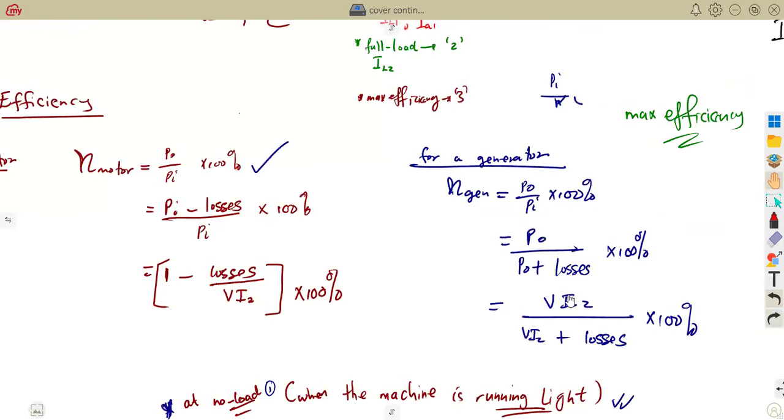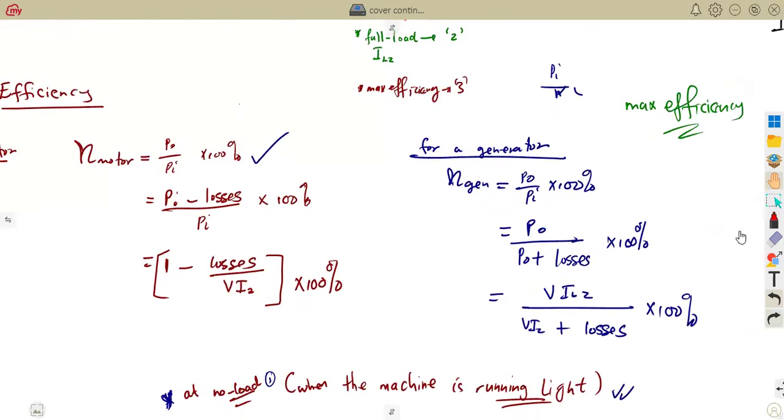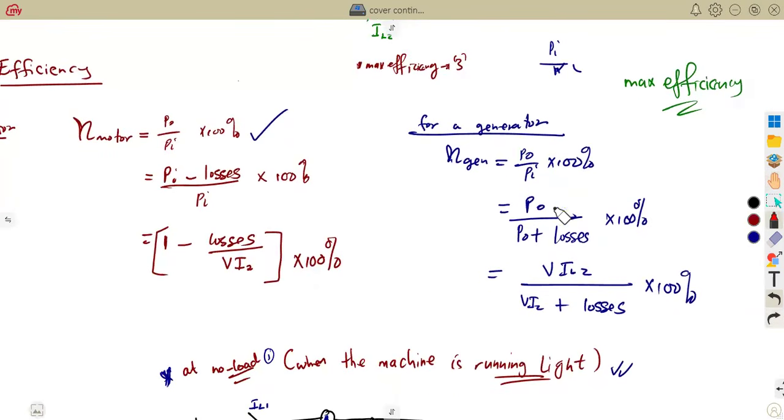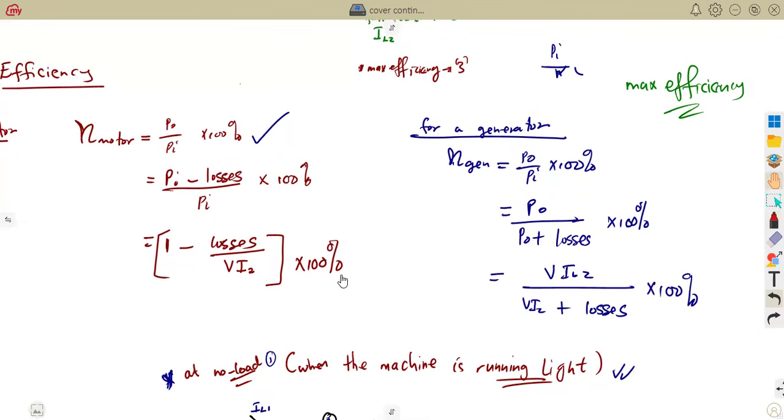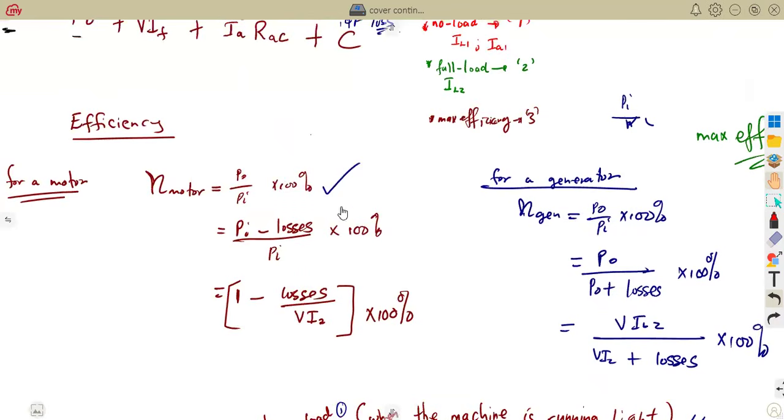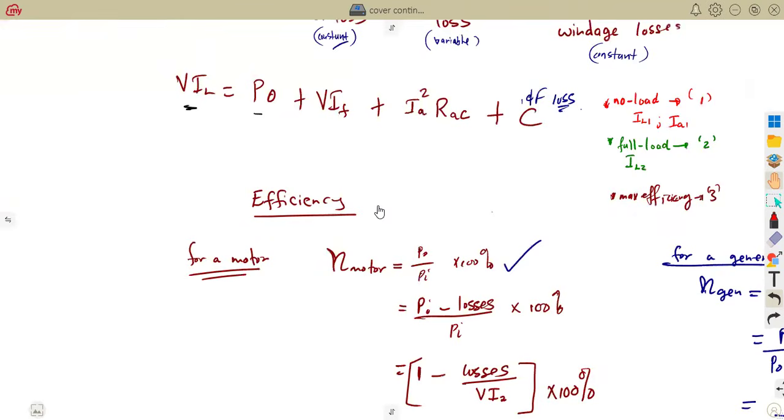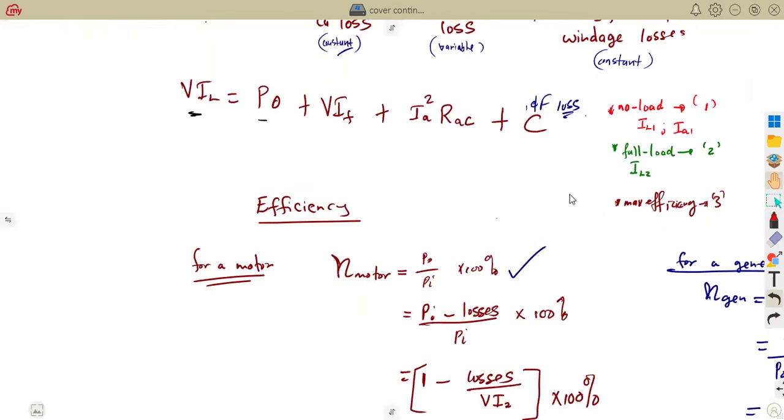From these losses that we mentioned, we are also going to need the iron, friction and windage losses. But I mentioned that these losses cannot be determined directly. So what you do is that you refer back to the formula. Remember from your energy flow part that you have this formula.